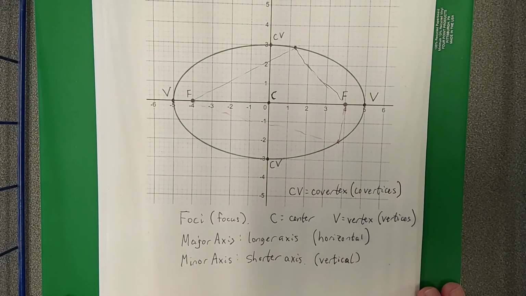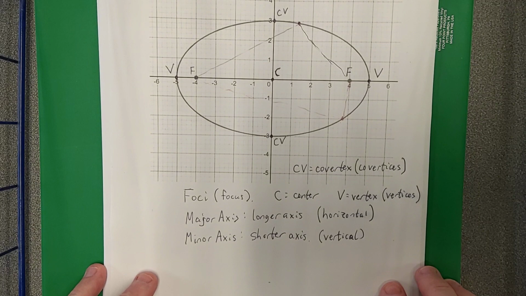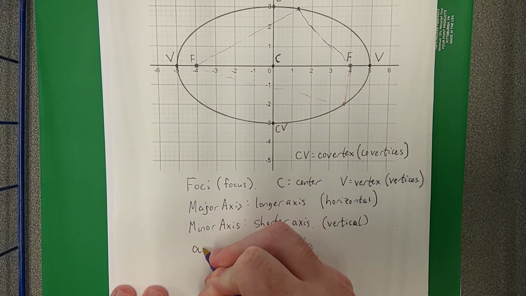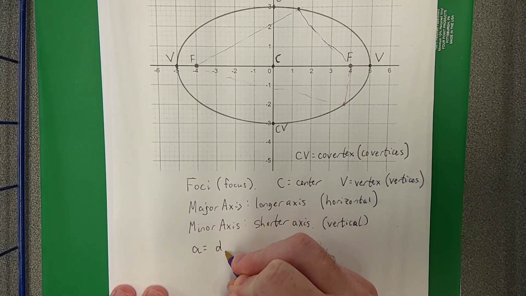There are some significant distances along the ellipse as well, and we'll go ahead and label those. This labeling system is going to be consistent for both ellipses as well as hyperbolas, but we'll see that as we continue onward.